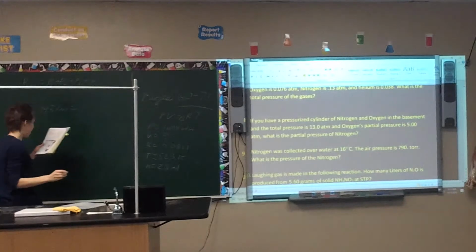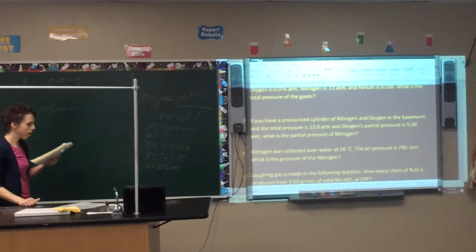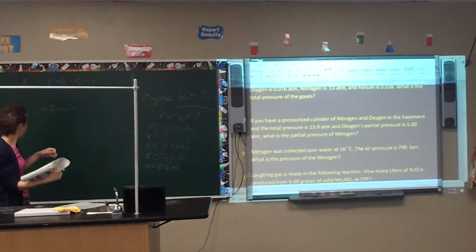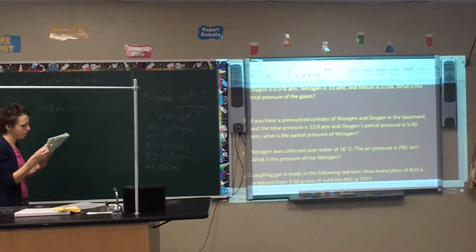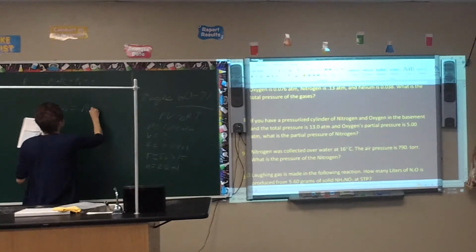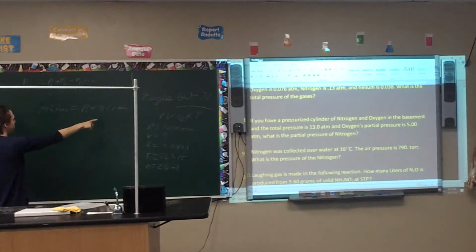Looking at the chart, I have to figure out how much water vapor pressure water will have at 23 degrees Celsius. Since this one is in torr, I'm going to do this in torr as well. So that's 21.1 torr. The pressure of the oxygen plus the water vapor is 743, so I subtract 21.1 from 743.